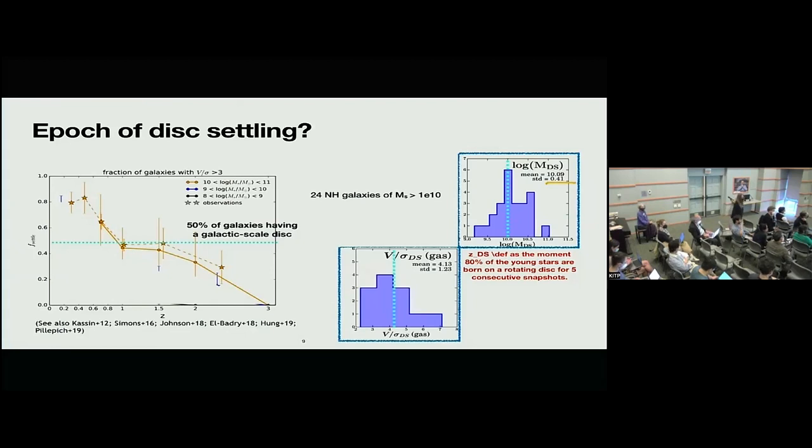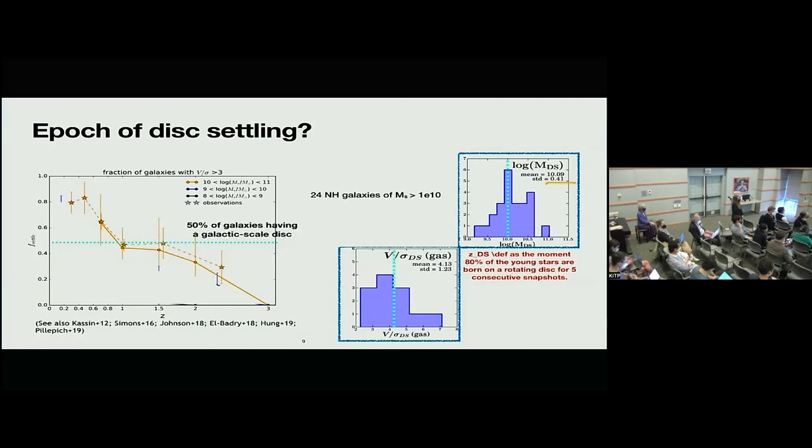Gas is very important. If gas supply stops or diminishes, then a thin stellar disk cannot be maintained, and there will be only disk heating available, right? So if all of these galaxies maintain thin disks, that means new stars are always born on the thin disk coming from the molecular clouds. We don't have molecular clouds in this simulation, so we have to do something, right?